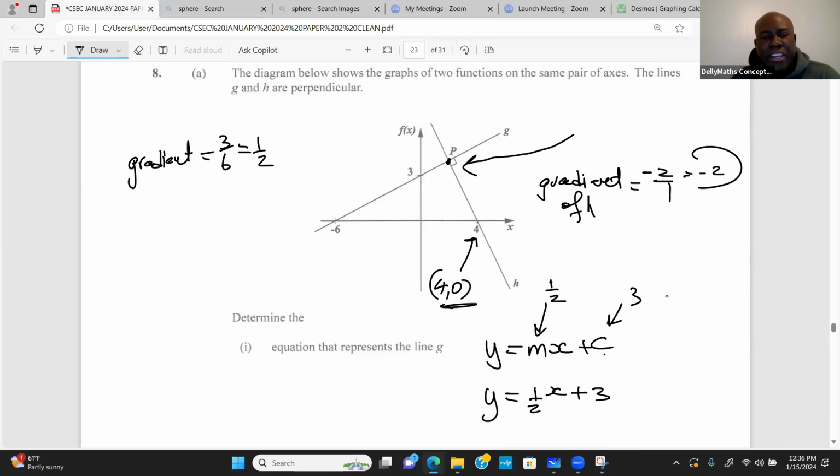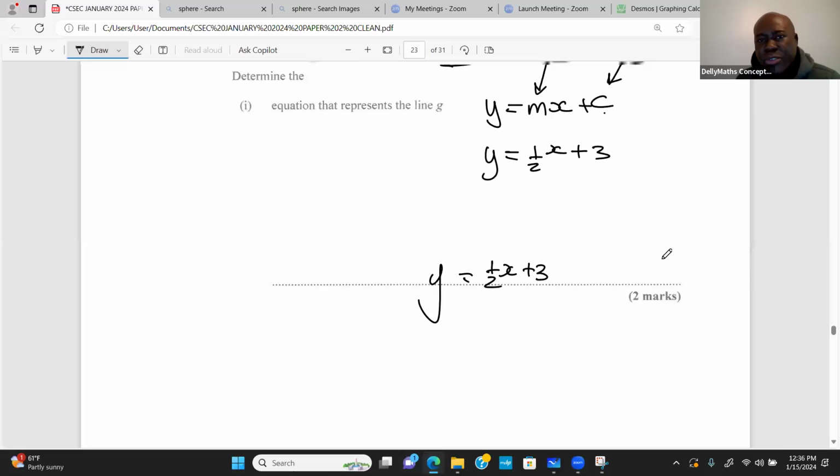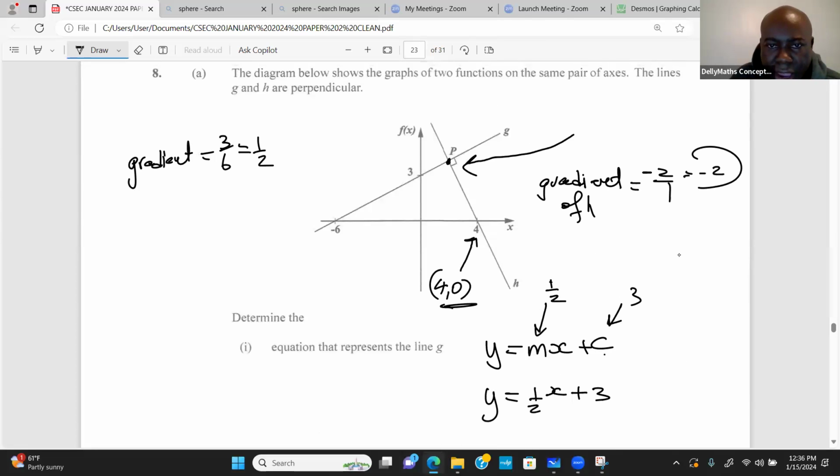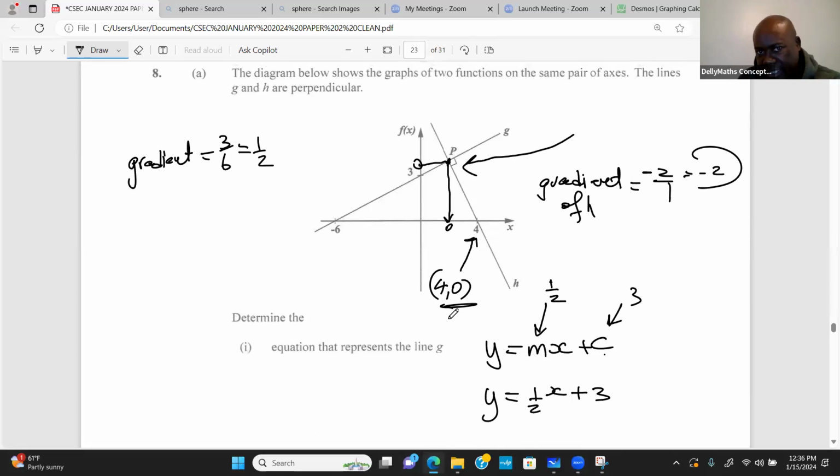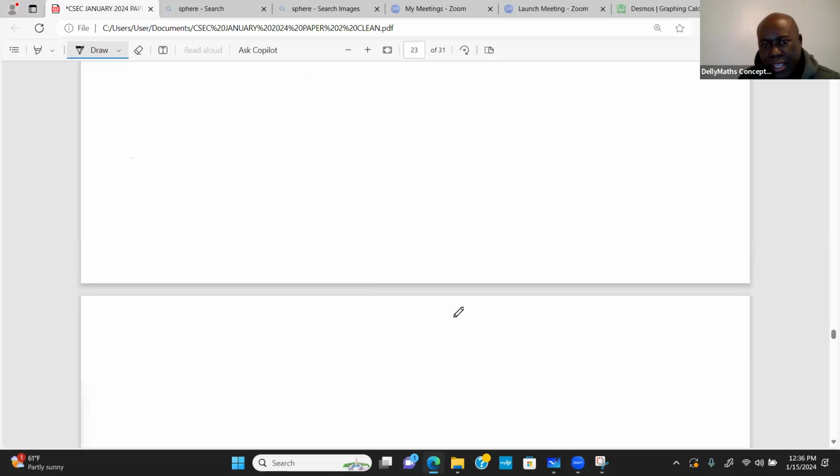At every given point, one line is greater than the other until they intersect. So wherever they intersect, that will be the solution, and it is the coordinate of P.